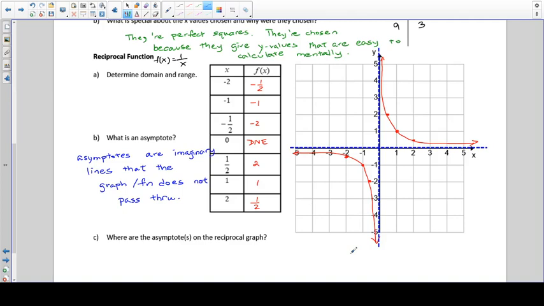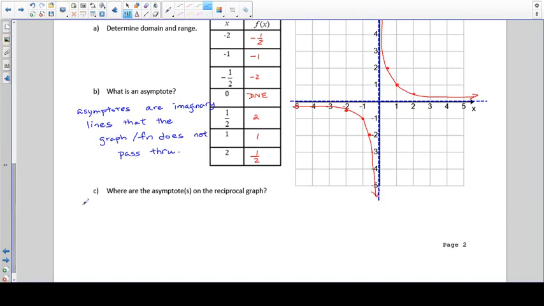Now, you will learn later on in grade 12 that there are certain asymptotes that can pass through, but we're not going to touch that for now, okay? So for now, you're going to learn that asymptotes are imaginary lines that the graph or the function do not pass through, okay? And that's what we're going to be talking about next over here.